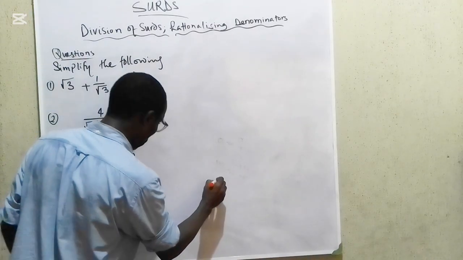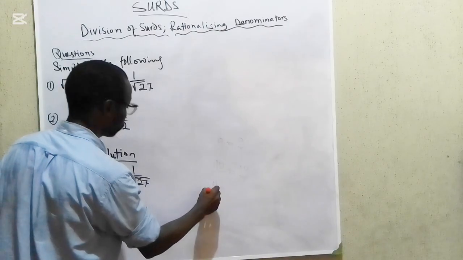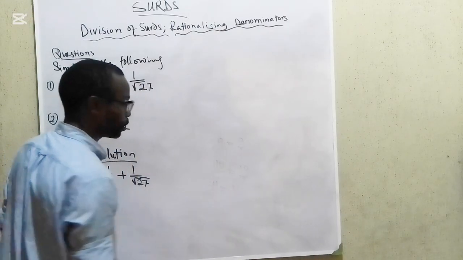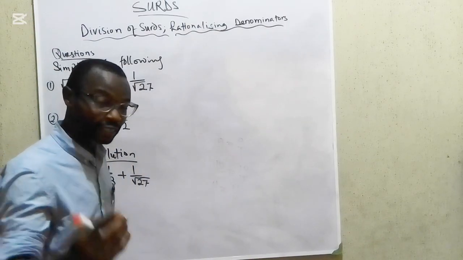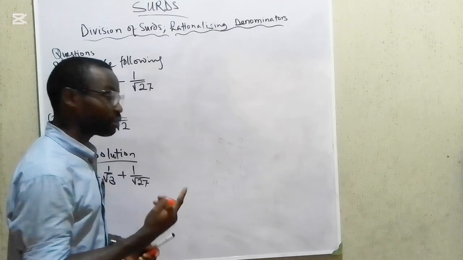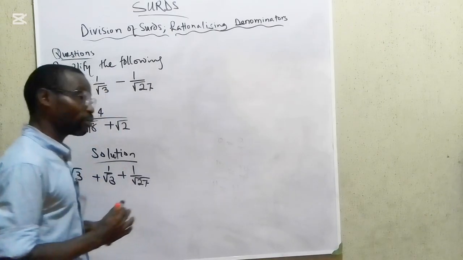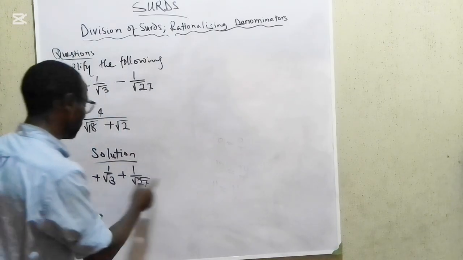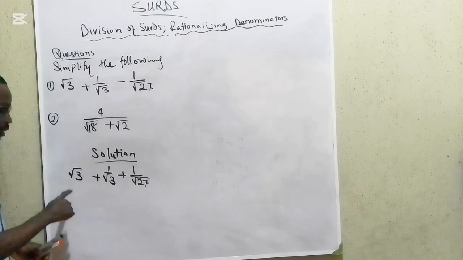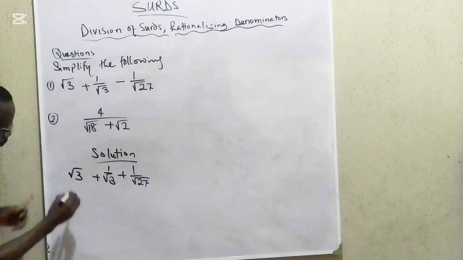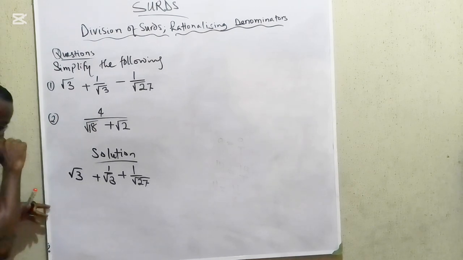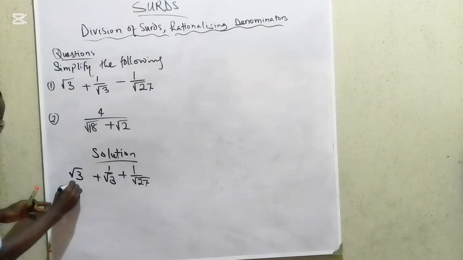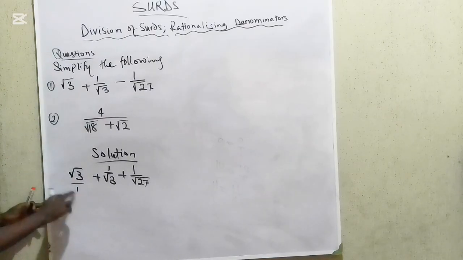If it is 11 or 12, it's 11 by 1. So 11 divided by 1 is still 11. 10 divided by 1 is still 10. Any number divided by 1 is still the same thing. So this is still the same thing as this over 1.